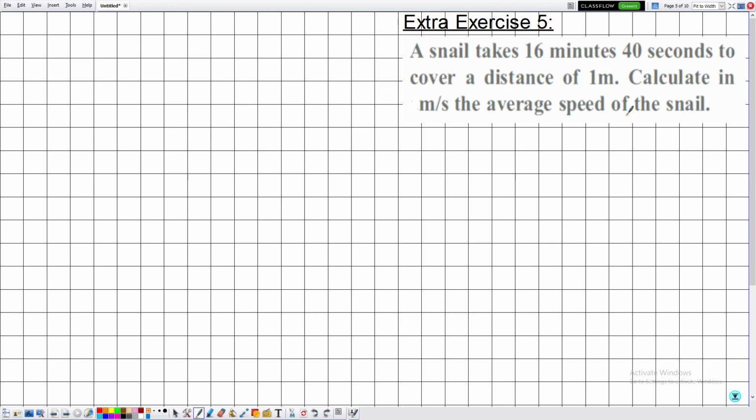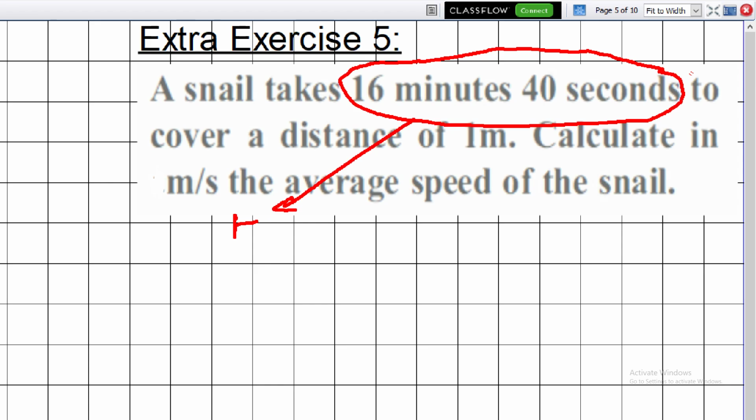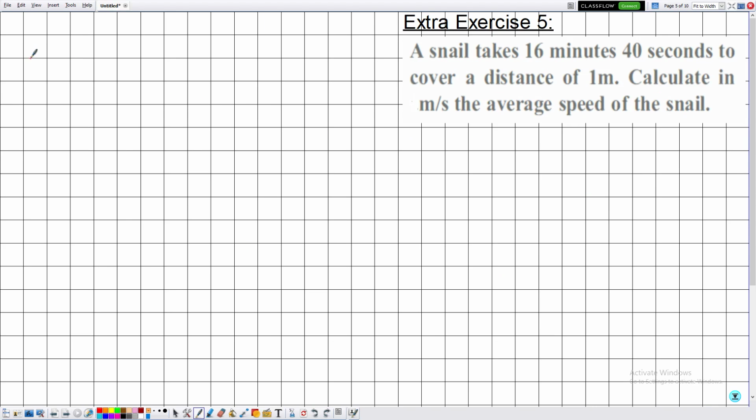Now as for extra exercise number 5, they are telling me a snail takes 16 minutes 40 seconds. So this quantity represents time. But what does it represent? Does it represent instant time t or duration delta t? It represents duration delta t because simply this is one value of time. If they gave us two values of time, then they would represent t1 and t2. So in this case, delta t is equal to 16 minutes and 40 seconds.